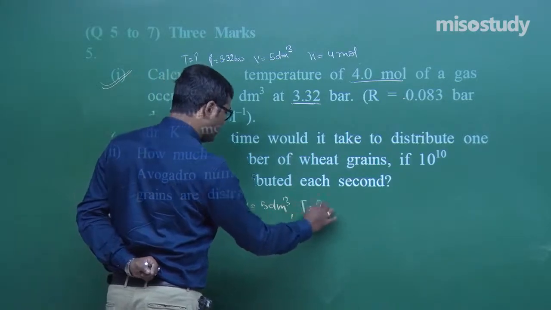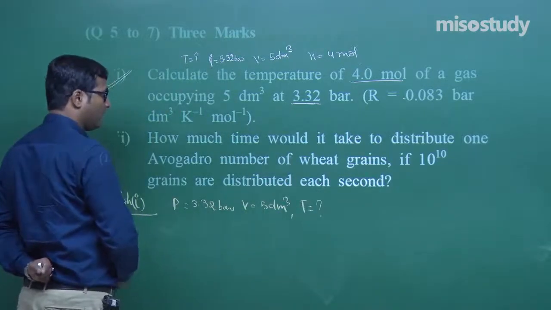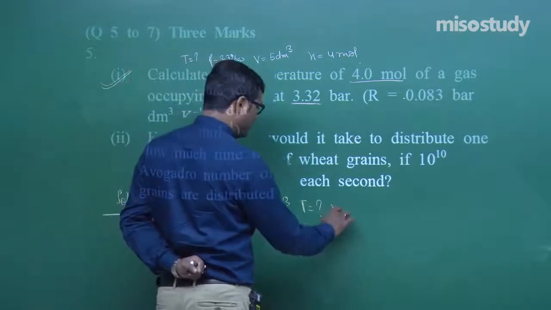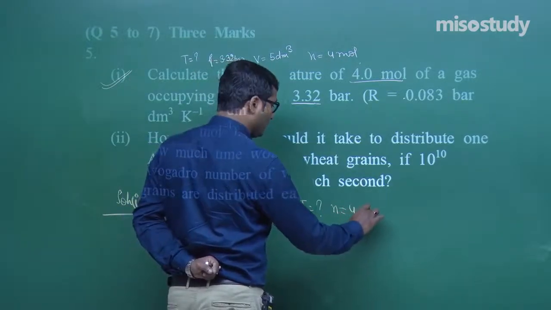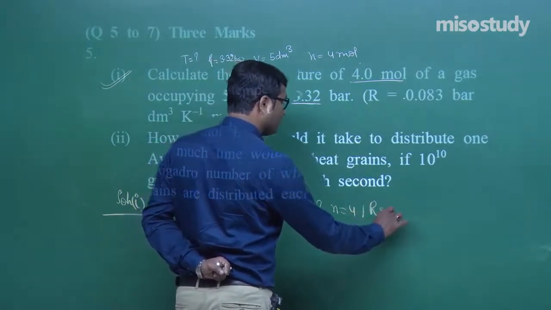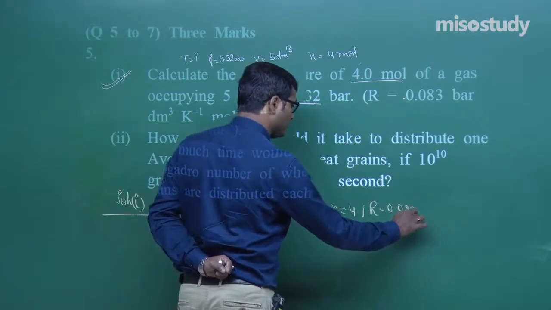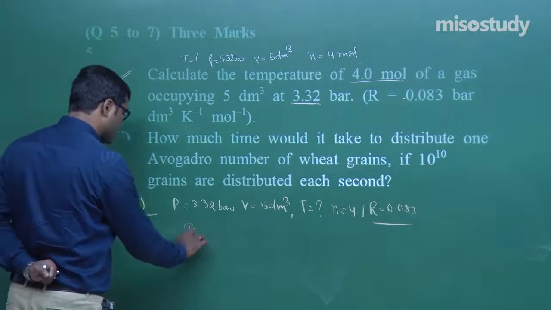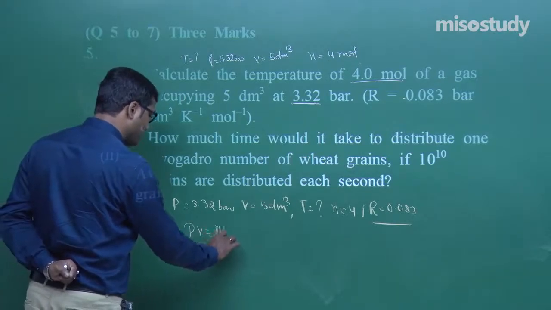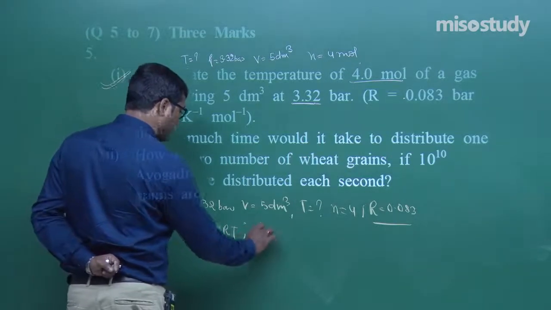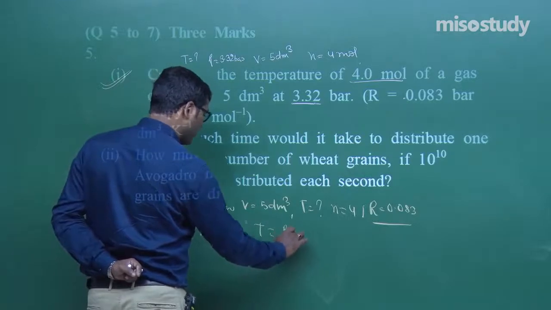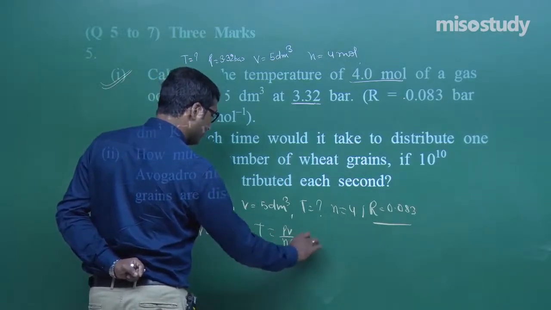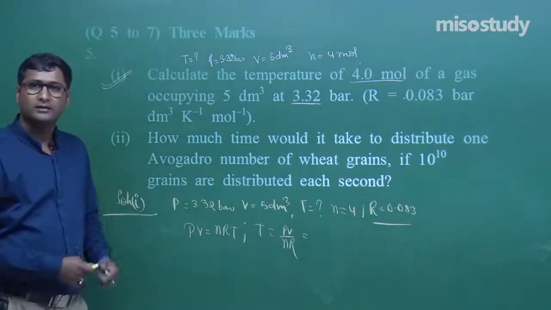We do not know the value of T, and n is given here 4 and R is given here 0.083. Clear? Now the link is the ideal gas equation. As we know, PV is equal to nRT. Now T is equal to PV upon nR, my friend.